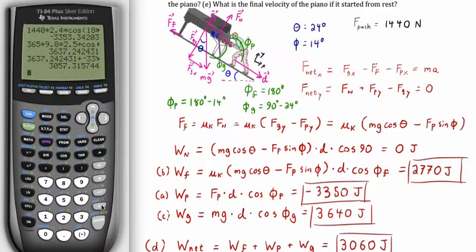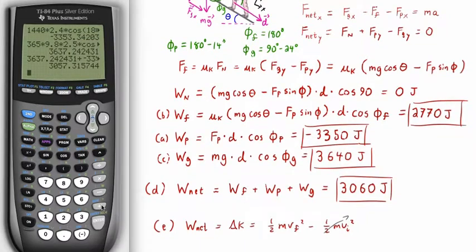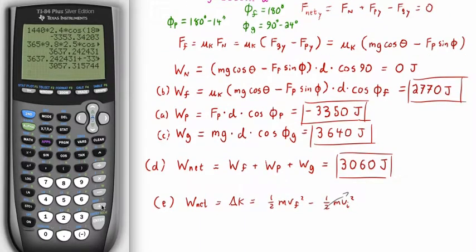And then we're asked for the velocity of the system. We're going to use the work-energy principle that says that the net work is equal to the change in kinetic energy, which is 1/2 m v final squared minus 1/2 m v initial squared. Now v initial is 0 because the system starts from rest. So solving for the final velocity, it's the square root of 2 multiplied by the net work divided by m.